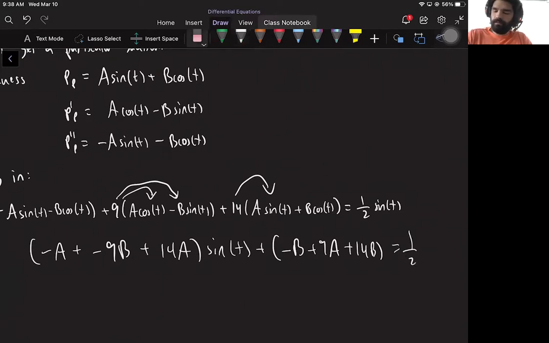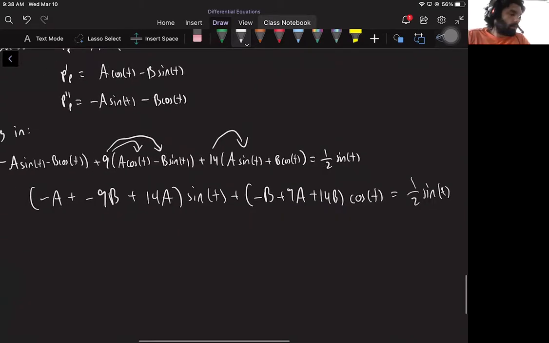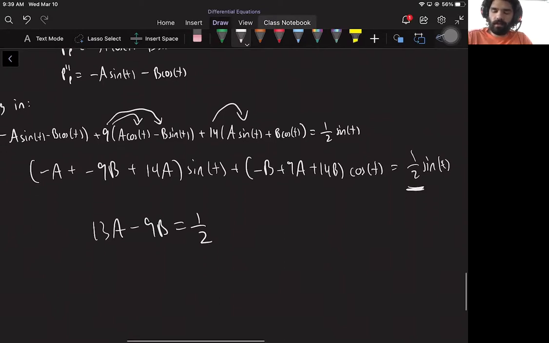Oops. So method of undetermined coefficients can take a while. All right, but we're on the right path now. So what is this? Oops, that's a 19. There are 13 A's minus 9 B's. That needs to equal a half because there's that many sines.